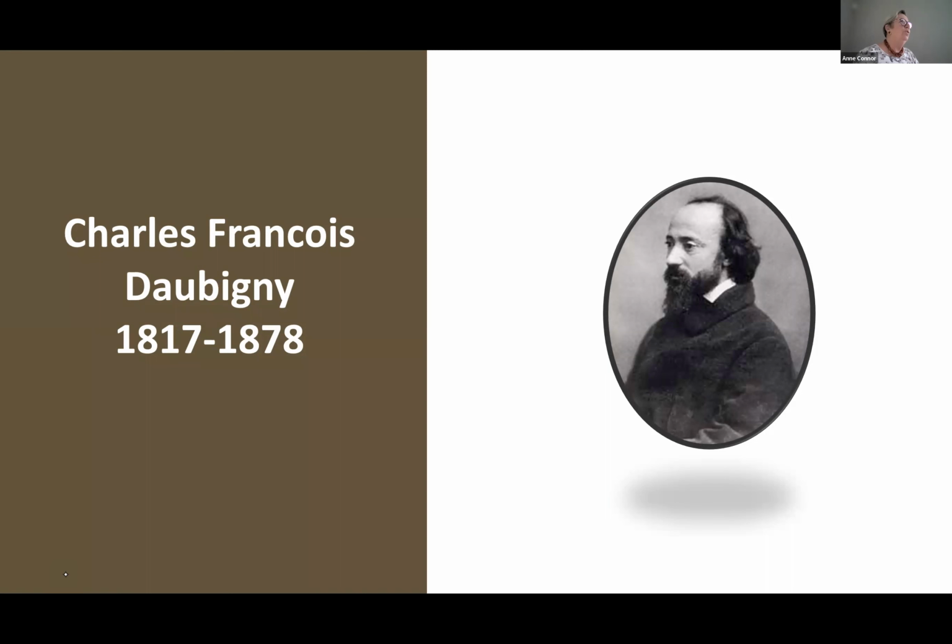He was known to have a barge. It was called Bottin, a little barge, and he would go on the river, on the pond, and paint from there. That was an inspiration for Monet, by the way. It is Daubigny that gave Monet the idea of having his little boat and paint from it.